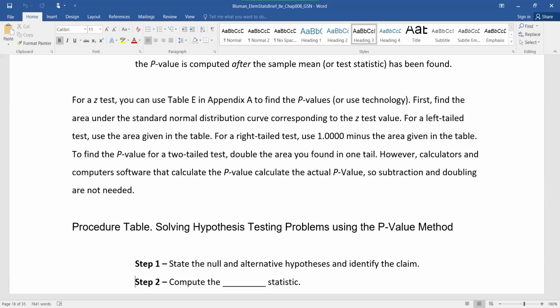To find the p-value for a two-tailed test, double the area you found in a one-tailed test. However, calculators and computer software will calculate the actual p-value, so subtraction and doubling are not needed. But we'll be using our own formula, so we'll have to double it.